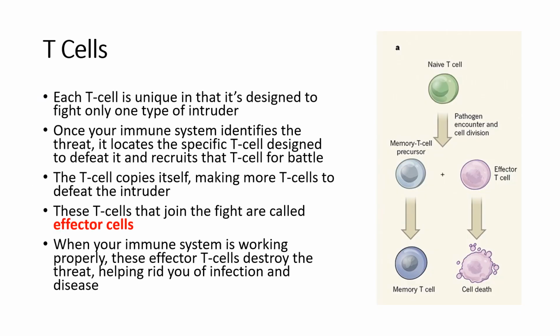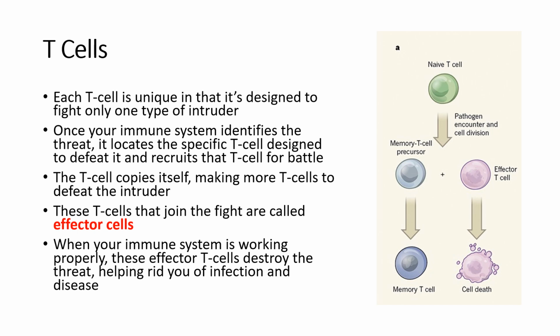Each T cell is unique in that it's designed to fight only one type of intruder. Once your immune system identifies the threat, it locates the specific T cell that's been designed to combat that particular pathogen. So the T cell copies itself, makes more T cells, just like any part of the adaptive immune response, you're going to see a common thread.